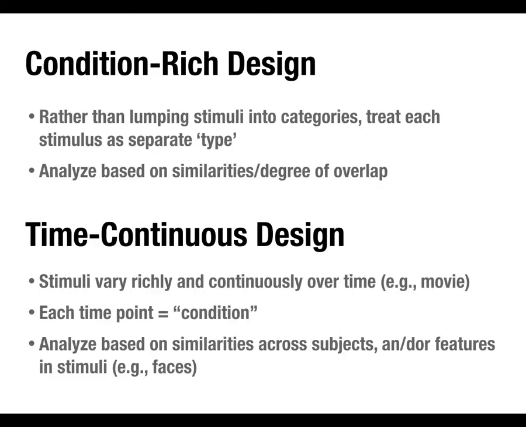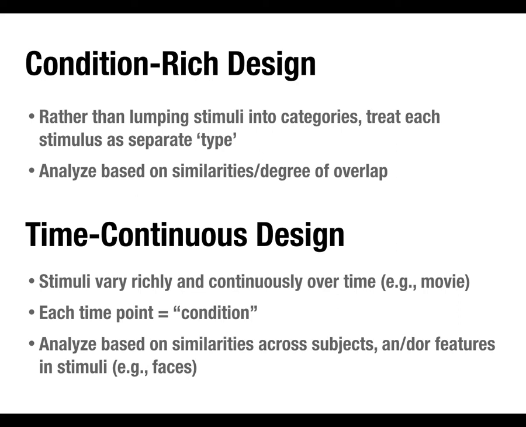And then the last slide is two more modern approaches, often used together actually. The condition-rich design is basically saying, rather than just lumping all our stimuli in as, these are all faces, and these are all cats, and these are all cars, we actually code each individual stimulus as a unique category or type.